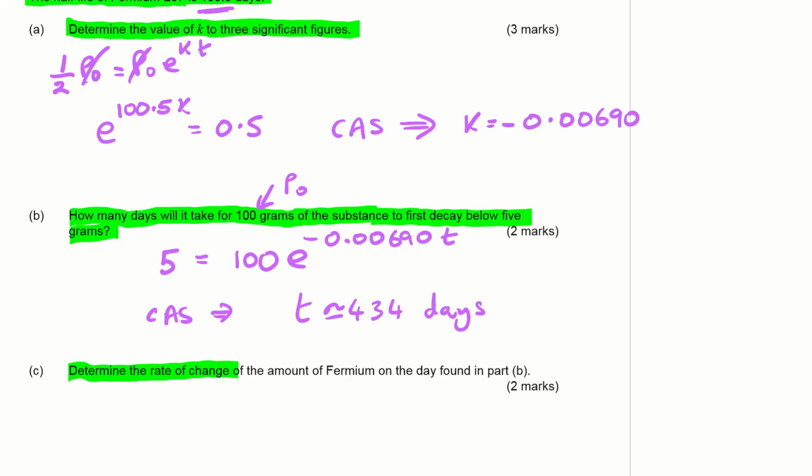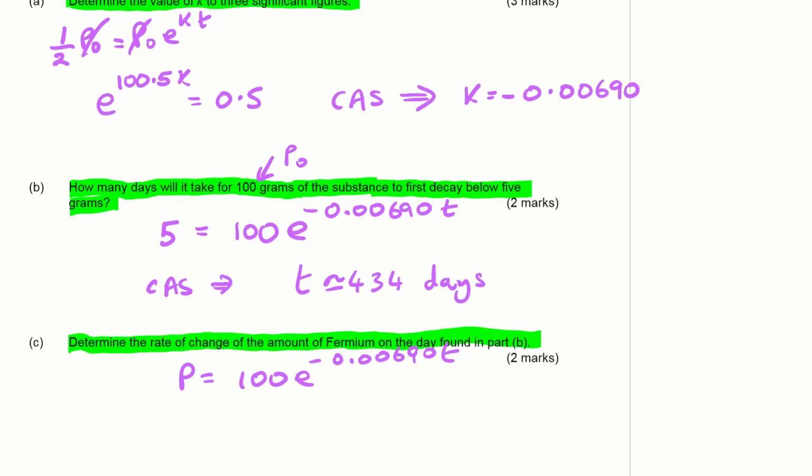Determine the rate of change of the amount of fermium on the day found in part B. So we have P = 100 e^(-0.00690t).